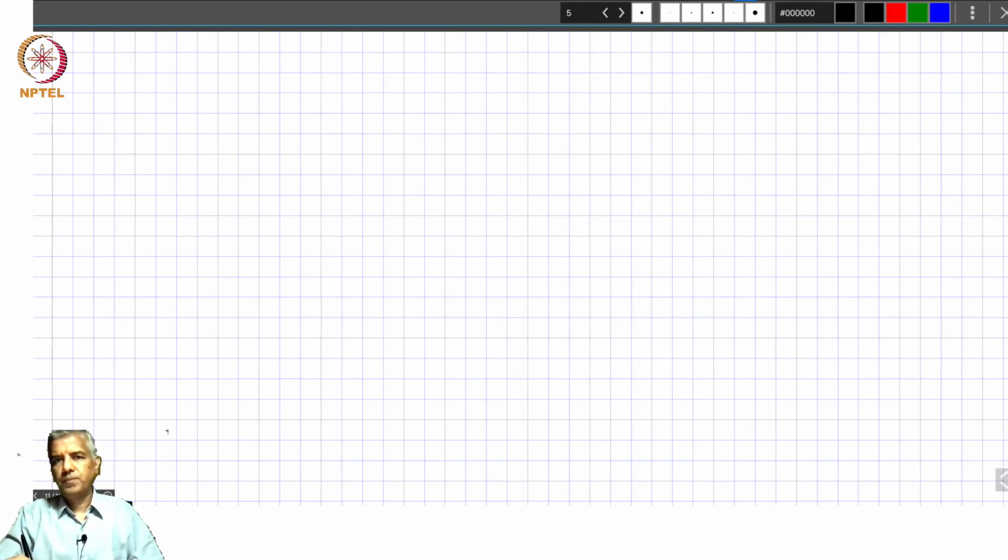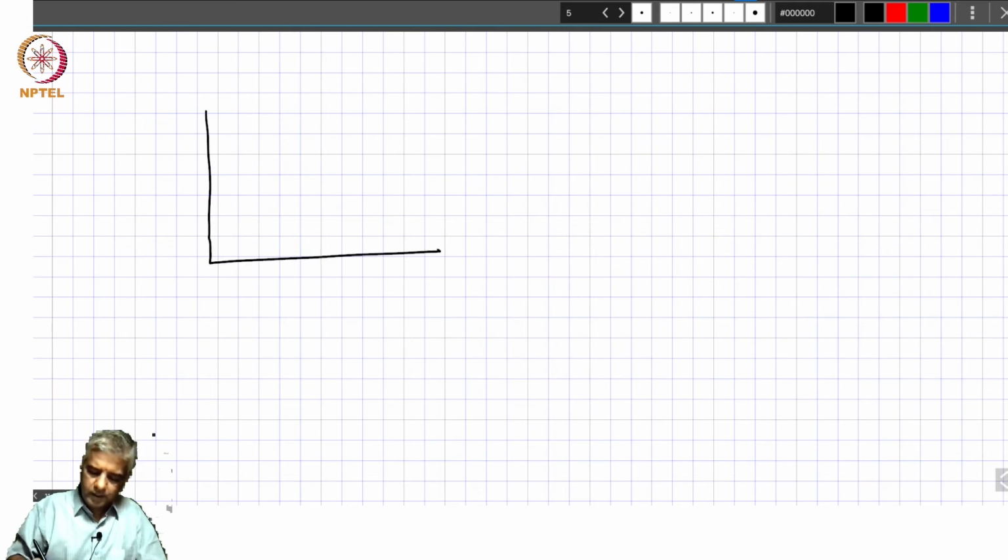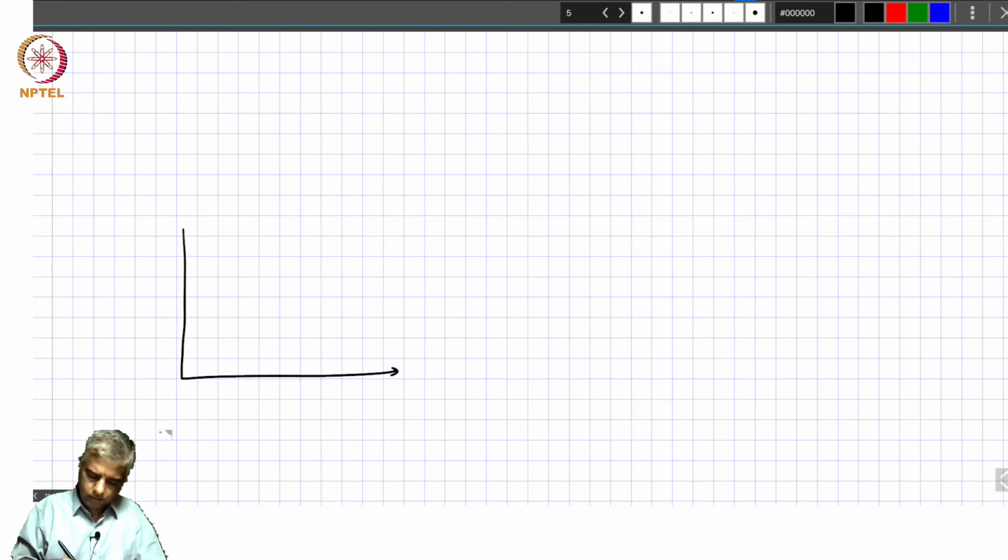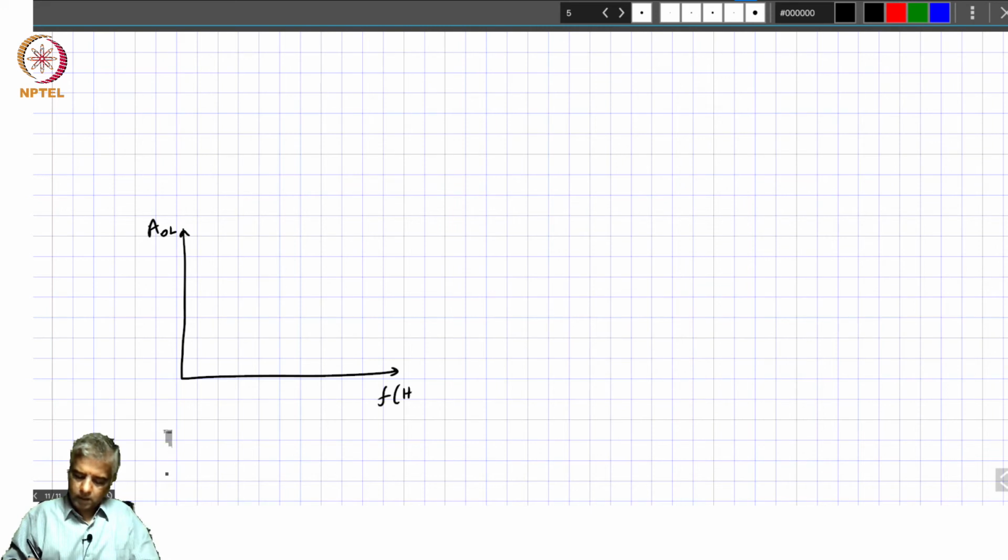Now when we look at the frequency response of the op amp itself, what is called the open loop gain of the op amp as a function of frequency, typically it's relatively flat at low frequencies, but then it starts going down as you go to higher frequencies, because there's a certain gain bandwidth product which limits the gain that you can achieve from the op amp.